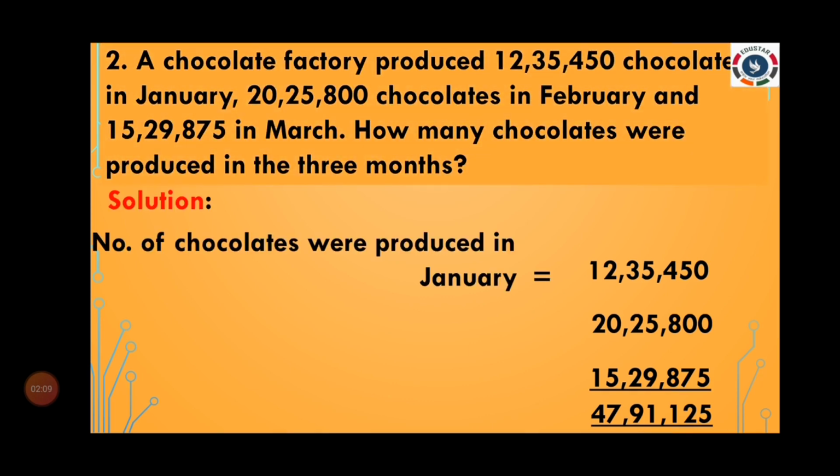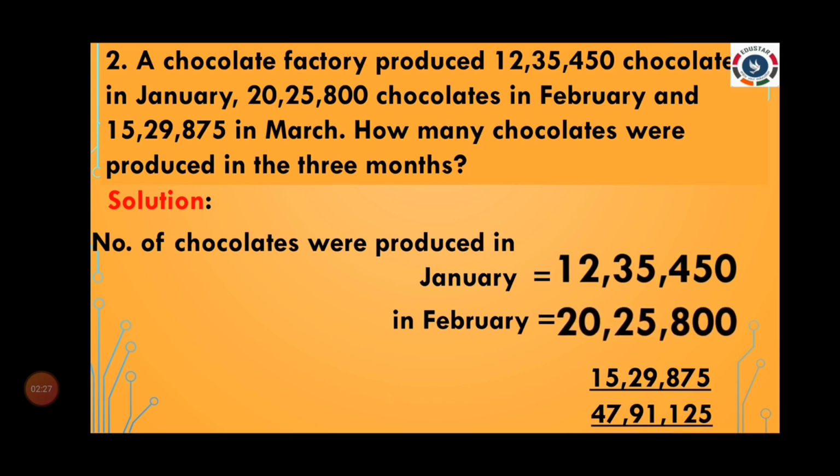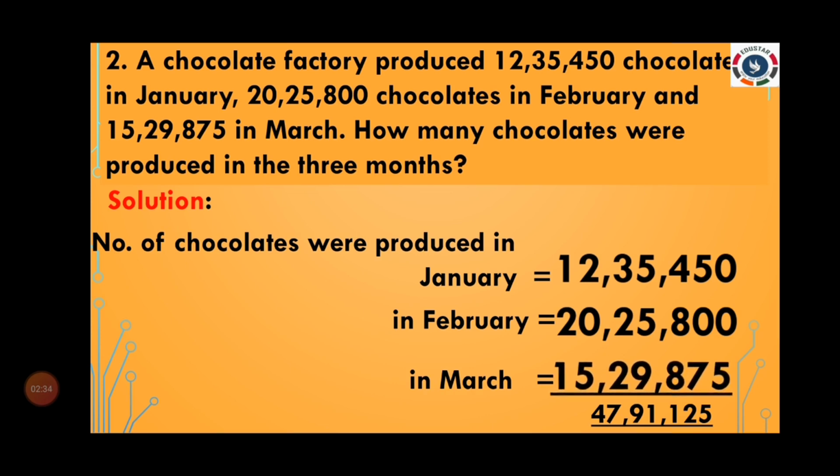Number of chocolates produced in January, how much? Yes, 12,35,450 chocolates. In February, 20,25,800 chocolates. In March, 15,29,875. So what do we want to do? They are asking how many chocolates were produced.